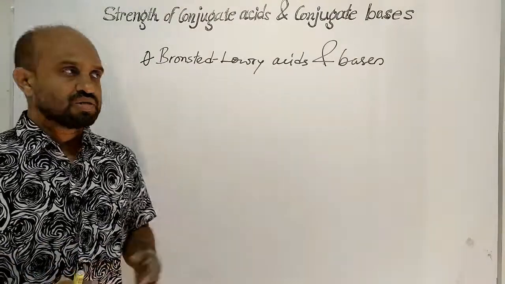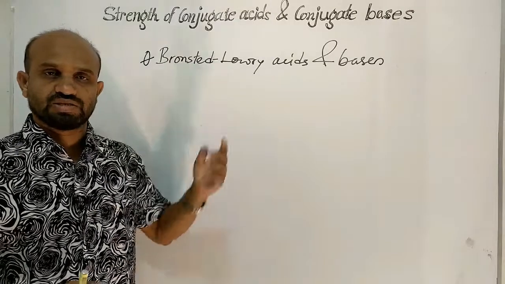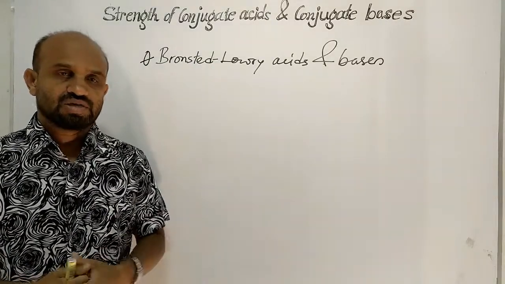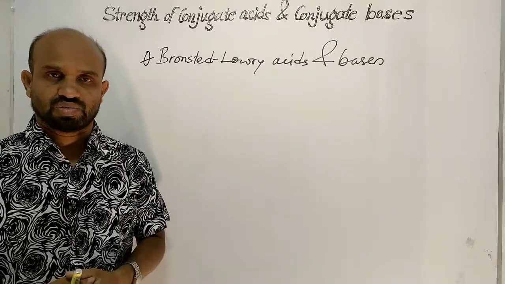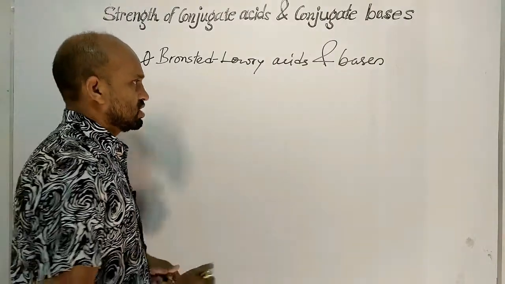The first point is Bronsted-Lowry acids and bases. Let's see which compounds are Bronsted-Lowry acids and which are Bronsted-Lowry bases.